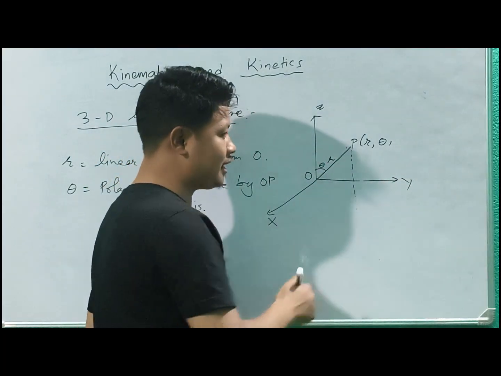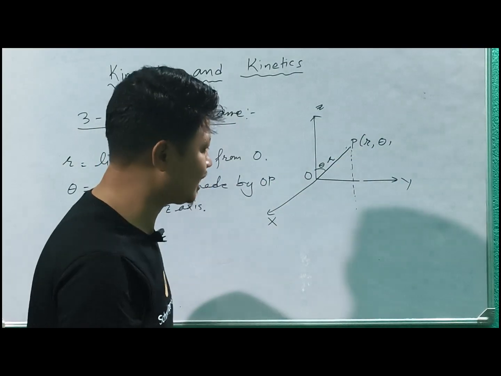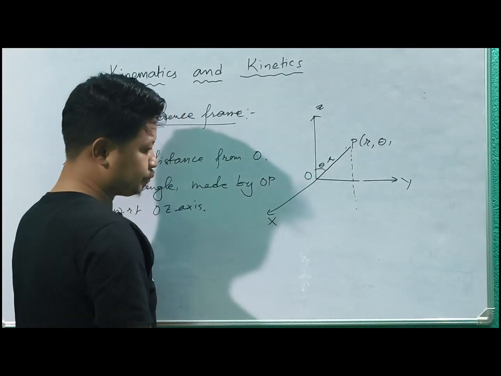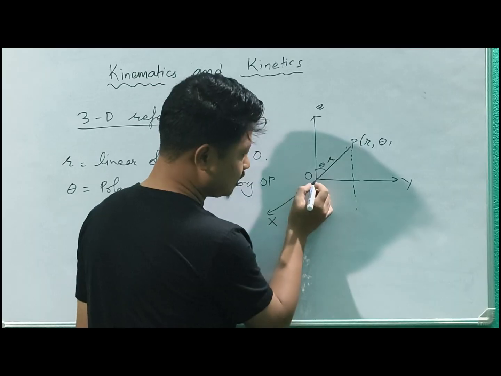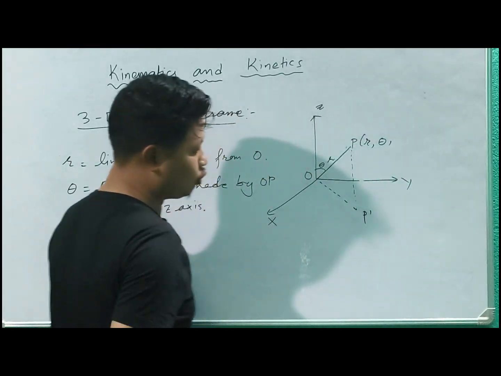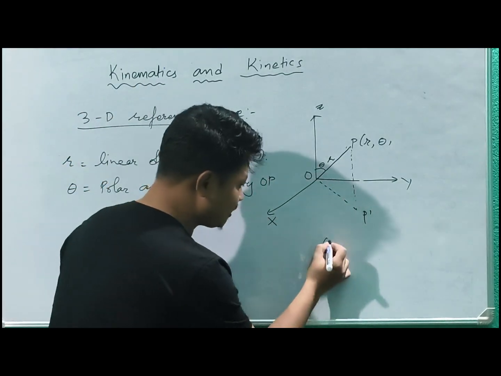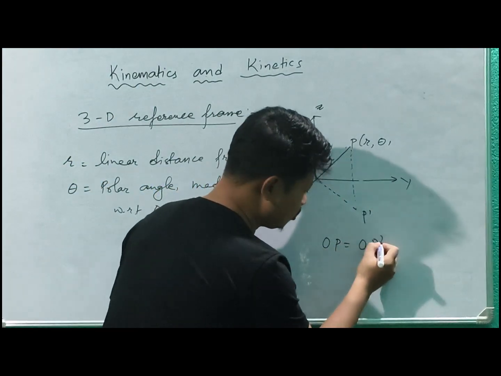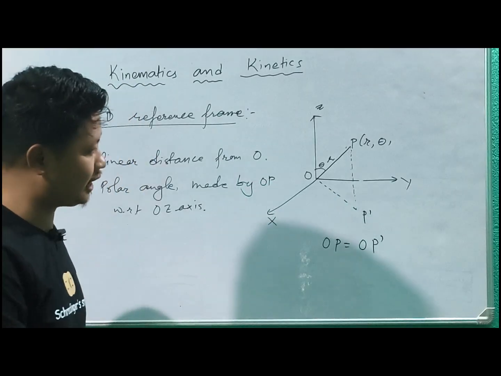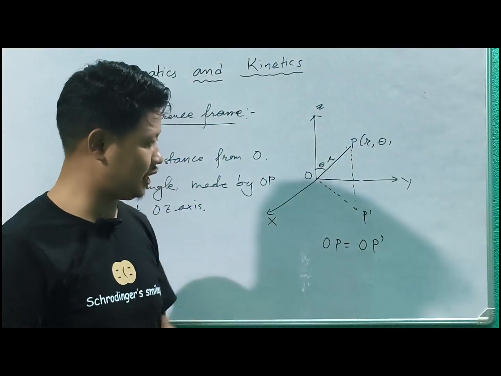So this is my xy plane, and I'm drawing a perpendicular from the point P exactly on the xy plane, till point P dash. And OP will not be assumed, it will be equal to OP dash. That means this OP and this OP dash will be equal.